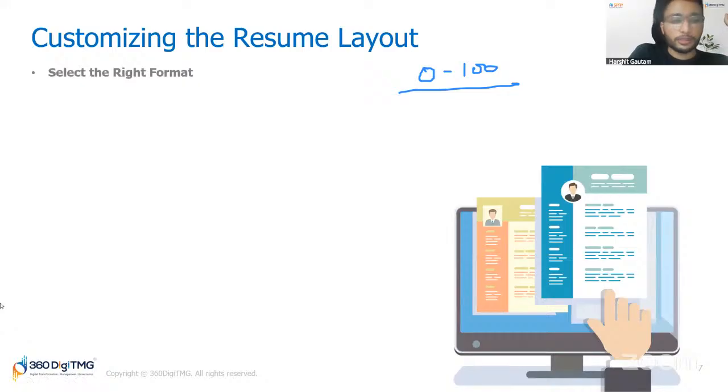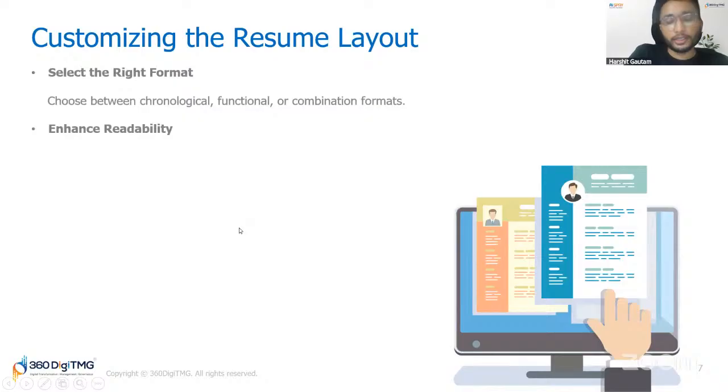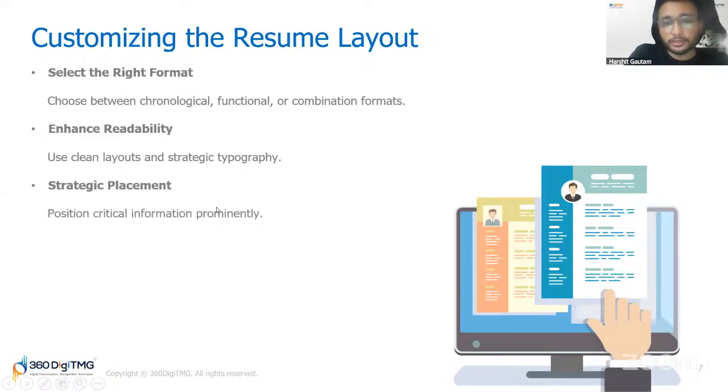Talking about resume layout, there are three formats which you can go with, which are chronological, functional, and combination formats. But whenever you are customizing your resume layout, keep a few things in mind: it should be neat and clean.